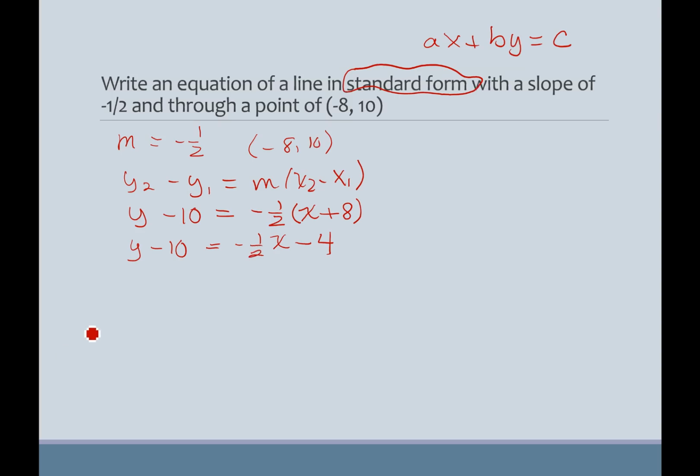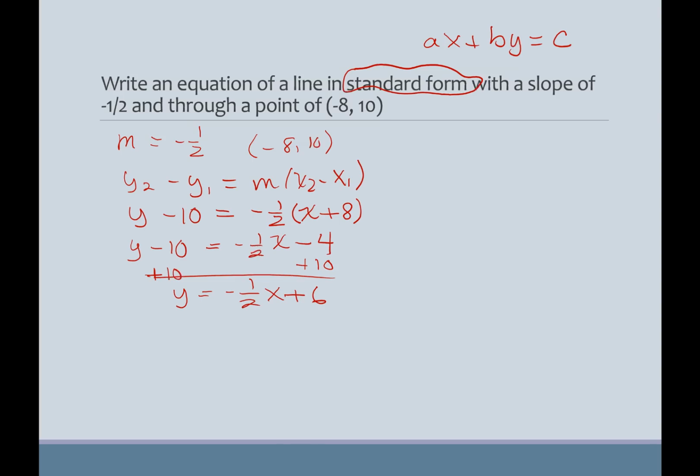And then I'm going to have to get rid of the 2, but I'm just going to combine my constants first by adding 10. So I'm going to get y equals negative 1/2 x plus 6.